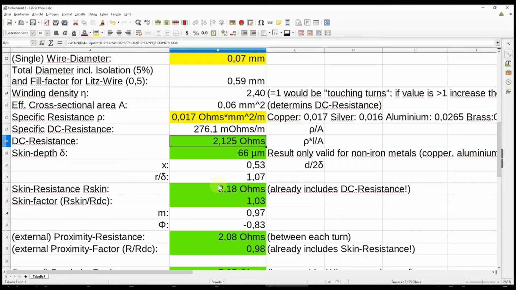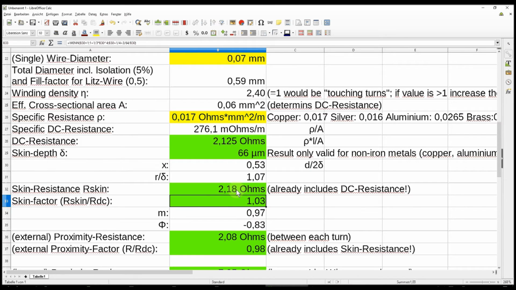And now the skin resistance is nearly the same, so we get a skin factor, how much the DC resistance is raised, of only 1.03.